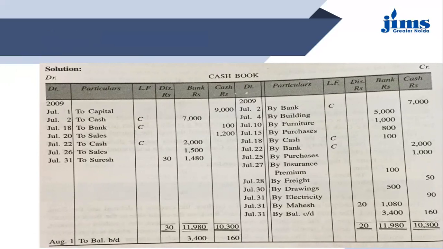Now we have transferred all the transactions in the cash book, and at the end, as we usually balance the ledger accounts, in the same way we will balance the cash book here. So we have to add up all the debit side items and the credit side items.